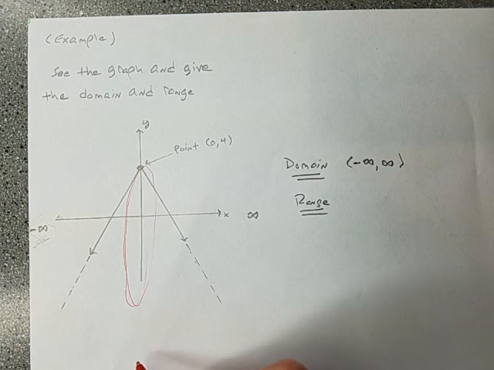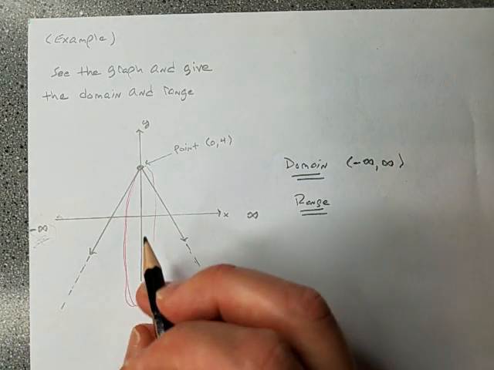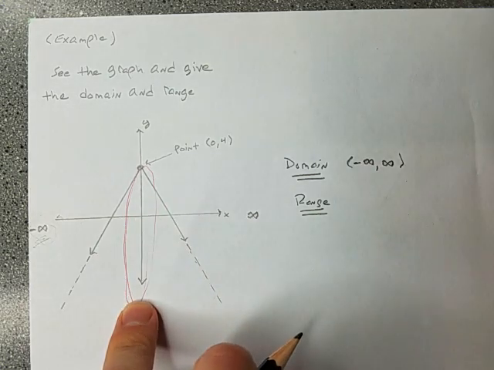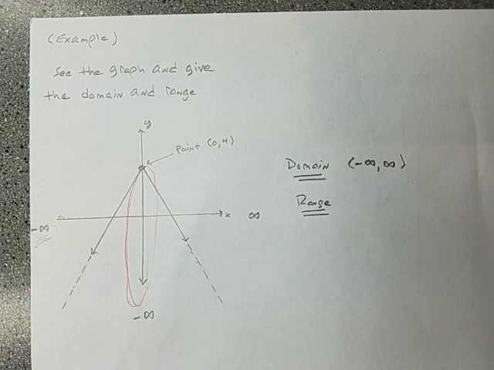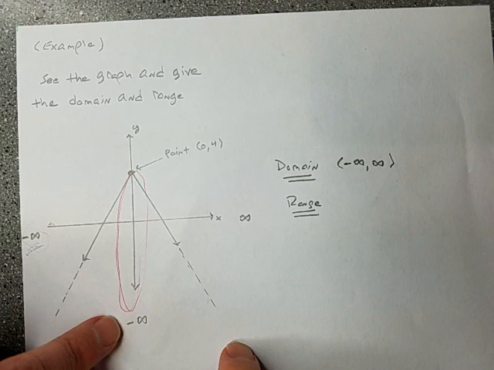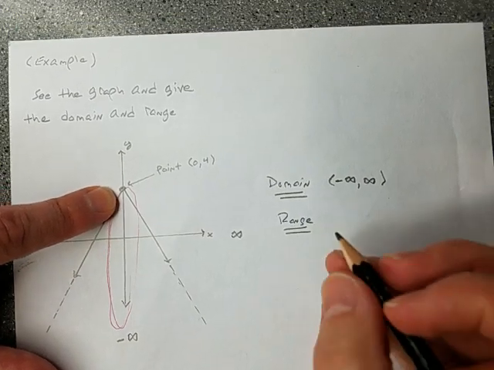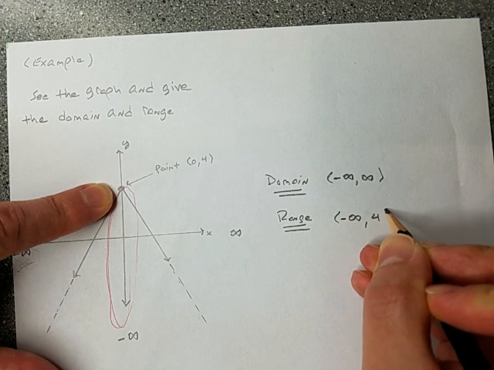So what's down here? Well, that's the negative part of the y-axis. So down here, if you could go all the way downward on the y-axis, what's out in that direction is negative infinity. So it spans the y-axis from here up to here. So that would be negative infinity up to 4.